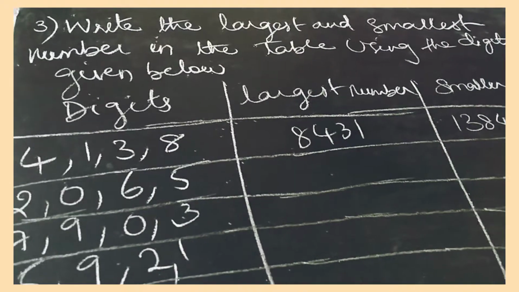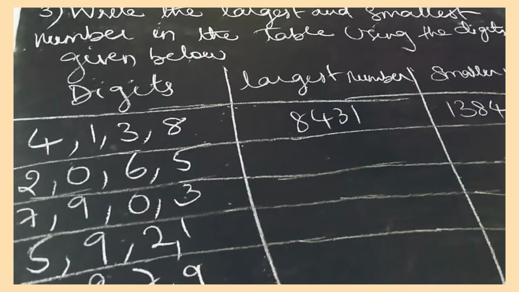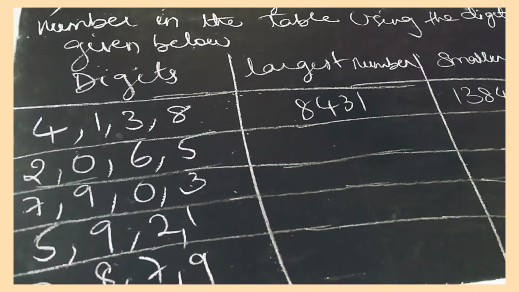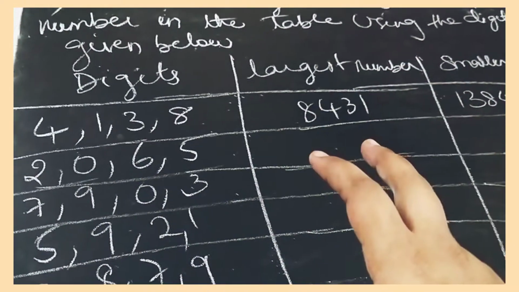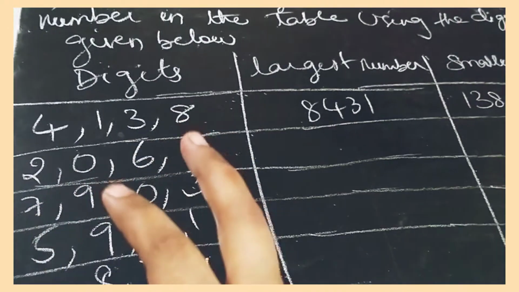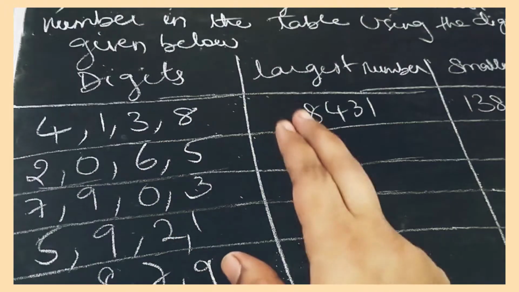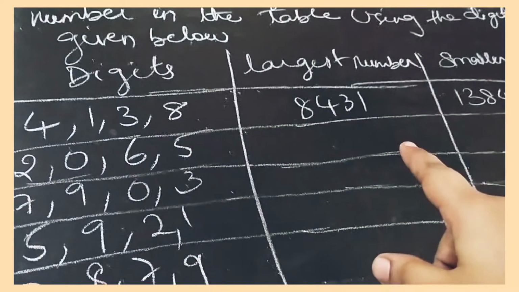Third bit, third sum is write the largest and smallest number in the table using the digits given below. So one example is given for you, digits 4138. First you have to see among these 4 digits which is the largest number. Okay, 8 is the largest, then 4, then 3, then 1.